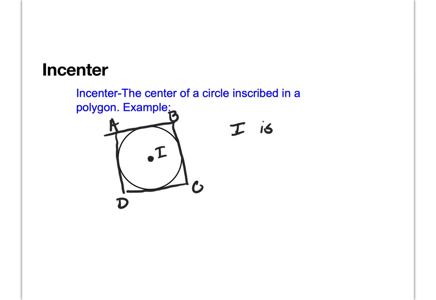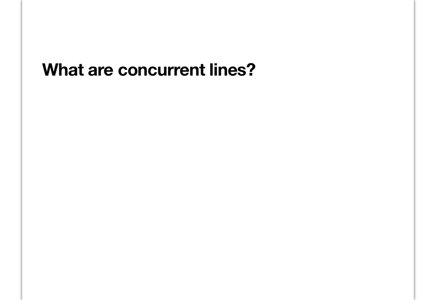I is the incenter of A, B, C, D. Some more vocabulary for you. Concurrent lines are three or more lines that intersect in exactly one point.